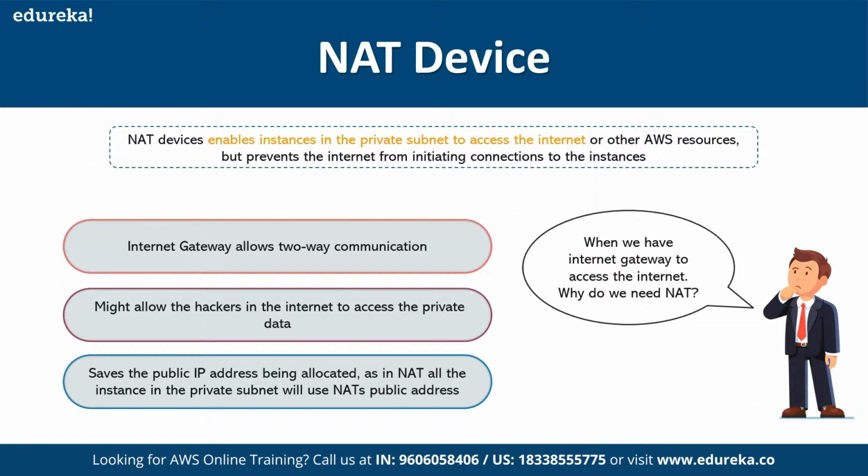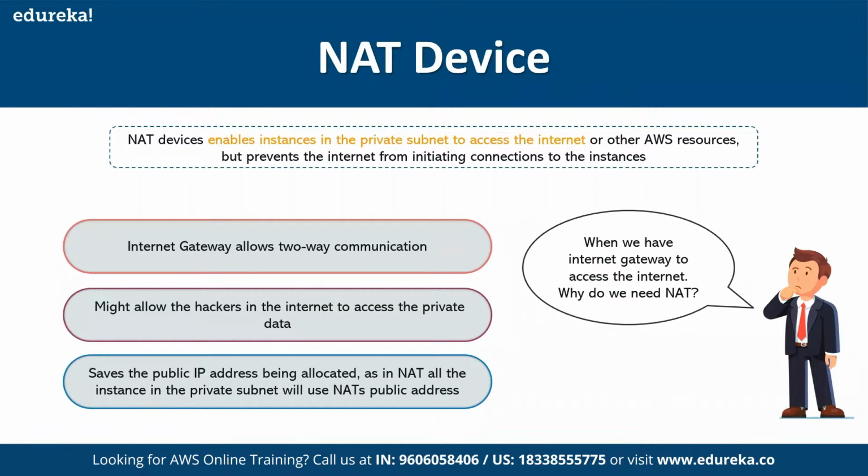But this becomes a problem when my server needs to access the internet from within the VPC. That means my server needs to access the internet, not the internet accessing the server. Because the server doesn't have a public network interface, it cannot talk to the internet.